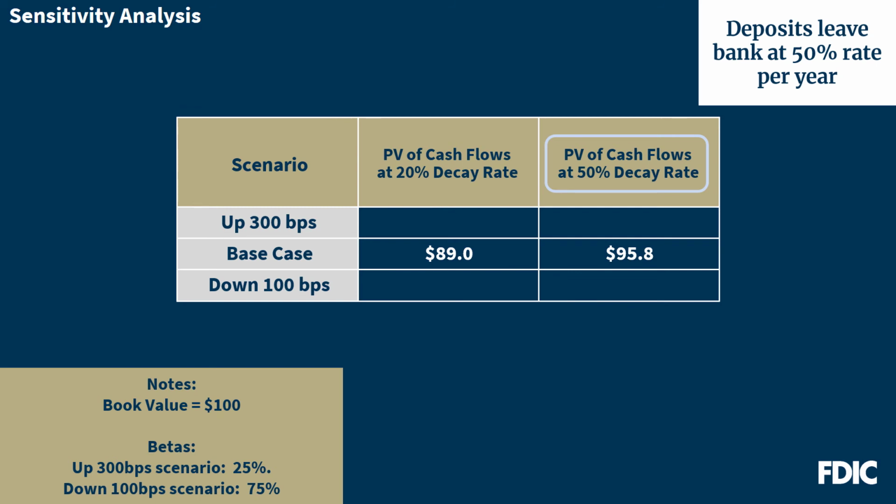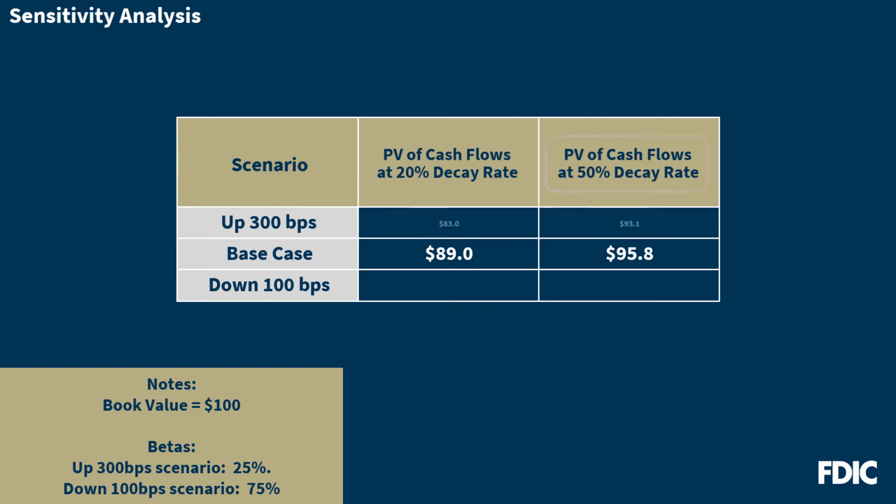In the rising 300 basis point scenario, the lower 20% decay rate produces about $10,000 more in economic value than if the decay rate was much higher at 50%. In the down 100 basis point scenario, additional economic value is also evident using the lower decay rate.